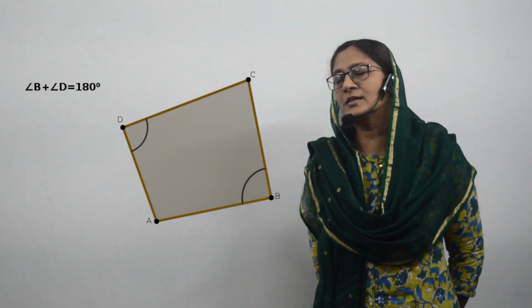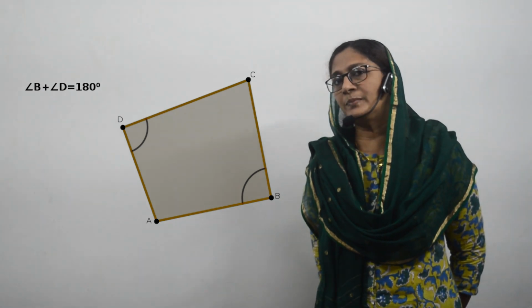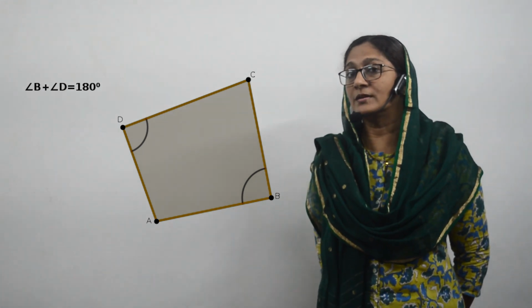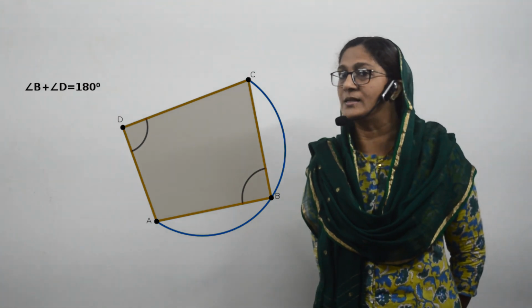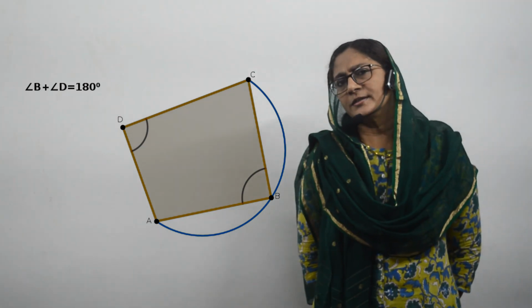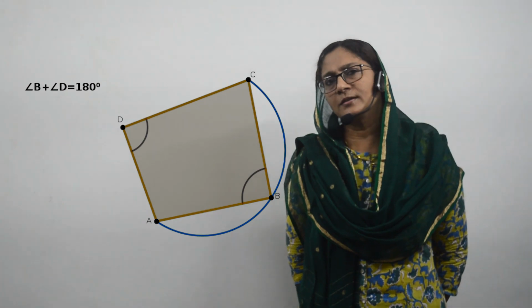We shall draw a circle through A, B and C, through 3 vertices A, B and C. Will the point D be on this circle?